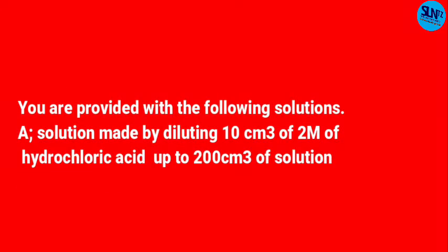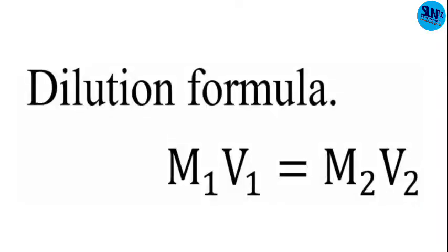According to the data made to prepare solution A, you are supposed to use the dilution formula to calculate the molarity of solution A. The dilution formula is molarity 1 times volume 1 equals molarity 2, or diluted molarity, times volume 2, or diluted volume.